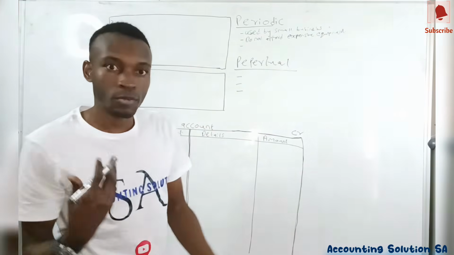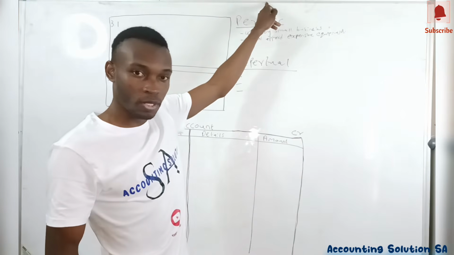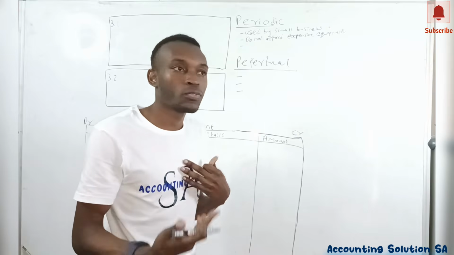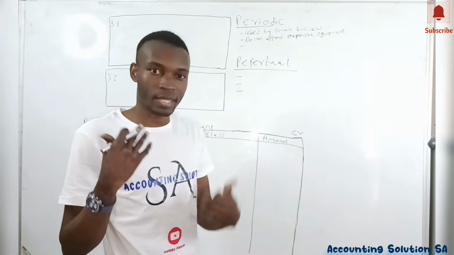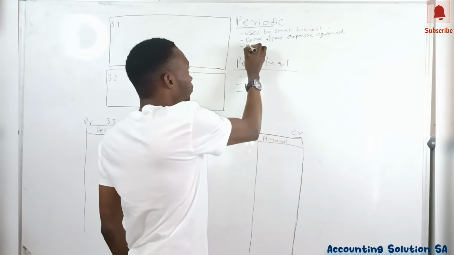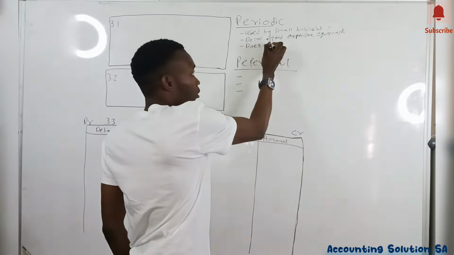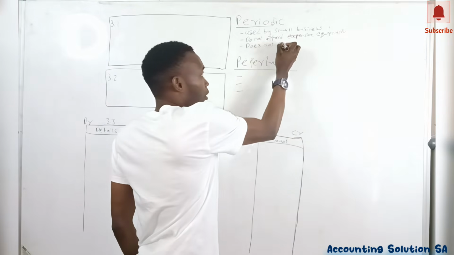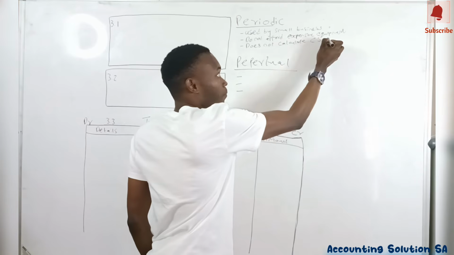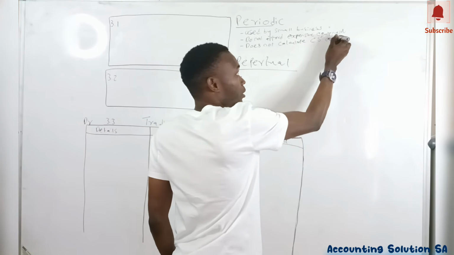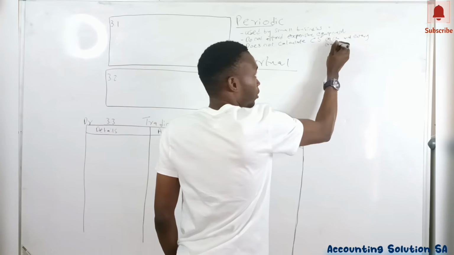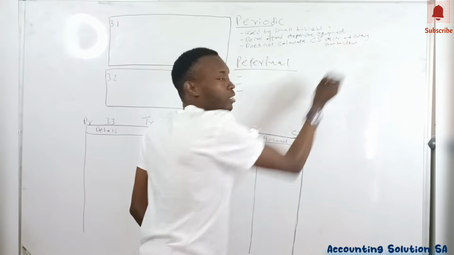Okay, this simply means that under a periodic inventory system, they won't be able to calculate a cost of sales on each and every transaction. This system does not calculate cost of sales on each and every transaction.